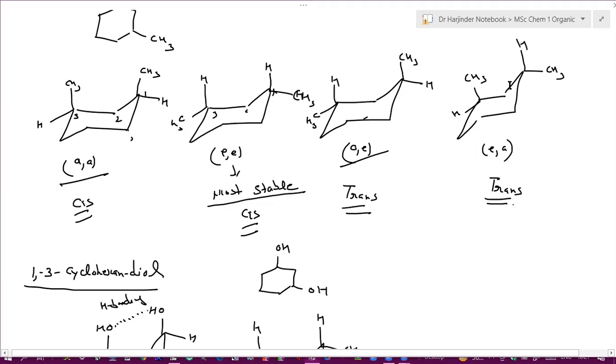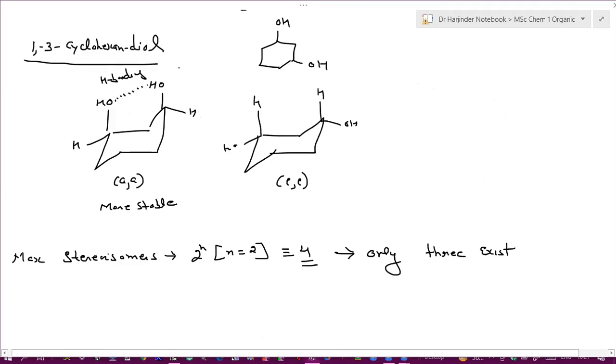Cis conformation, it has plane of symmetry like this. Or you can also say like this, these groups are present on the same side. So if you pass a plane over here, both will be mirror images of each other.